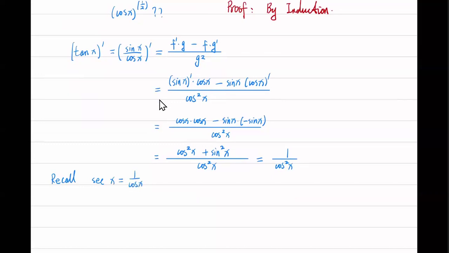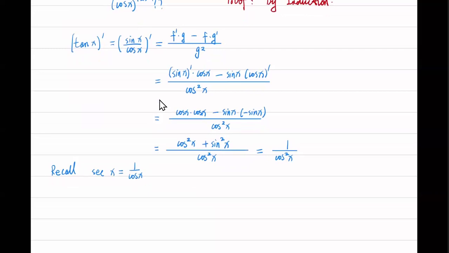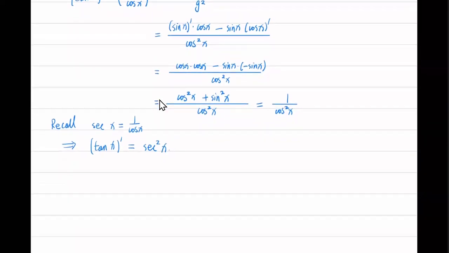So using this new function, we can rewrite the derivative. So the derivative of tangent x is secant square. Okay, very important formula.